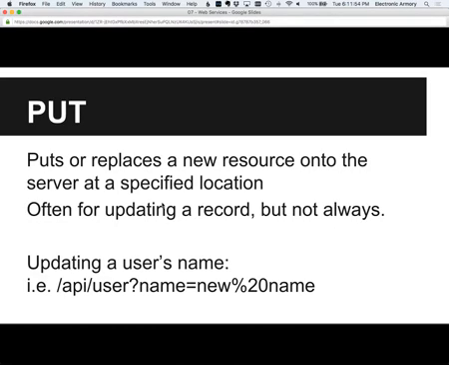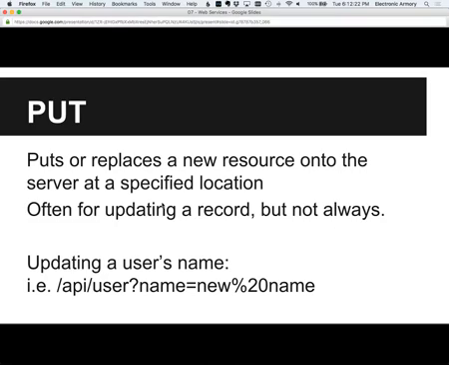Now the one that's not so self-explanatory is a put. People use these in many different ways, because REST is more of a methodology, not an implementation, and so a lot of people implement these differently. But anyway, a put puts or replaces a resource onto the server at a specified location.